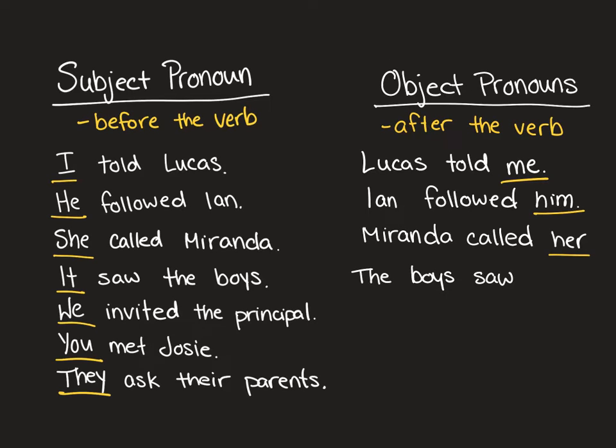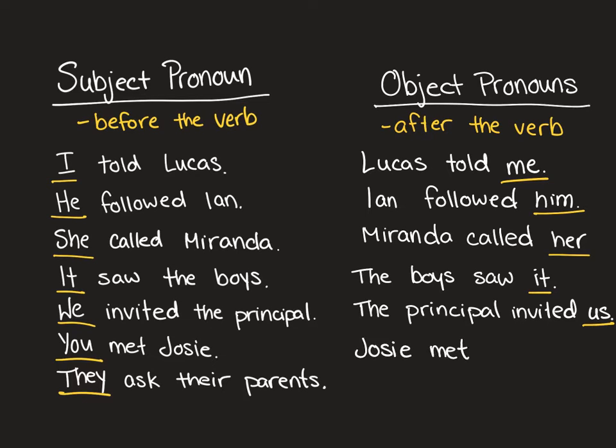Our next example, it saw the boys. The boys saw it. It is both a subject and an object pronoun, so it can be used in either place. Instead of we invited the principal, the principal invited us. So the subject pronoun is we, the object pronoun is us.